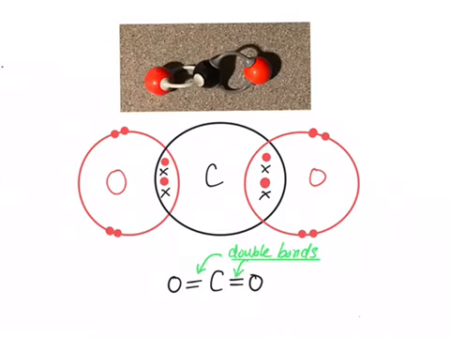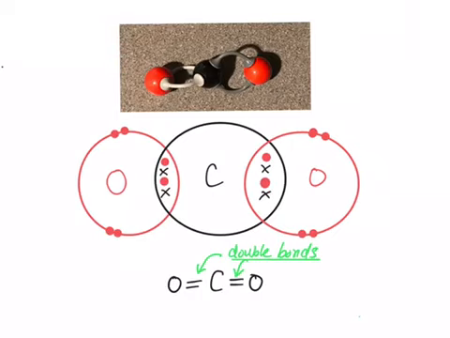If you look at the molecular model, there are 2 sticks between the carbon and each oxygen. This is called a double bond. Remember, a single bond is a shared pair of electrons. So if there are 2 shared pairs of electrons, that's a double bond.